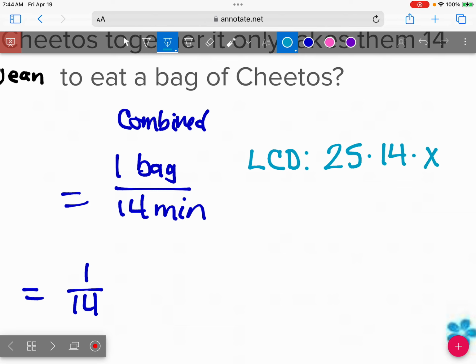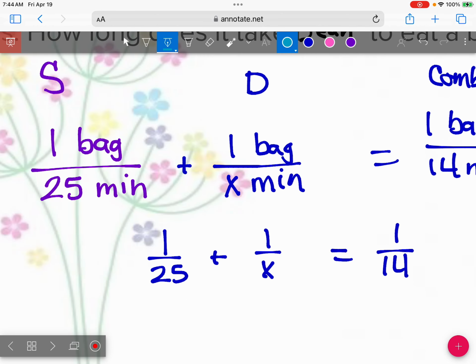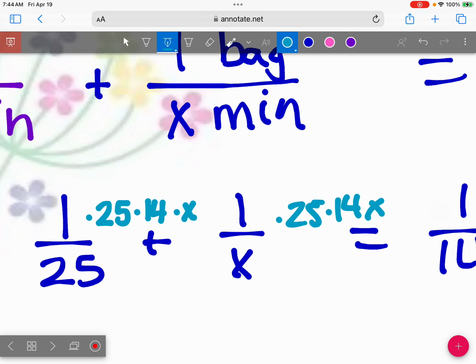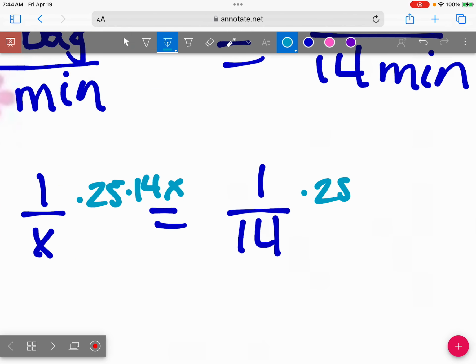And if it helps, you can just write it like that. It might make it easier, especially since we're going to have a bunch of simplifying to go on here. So we're going to multiply everything by 25, by 14, by x. Thanks, Jordan.